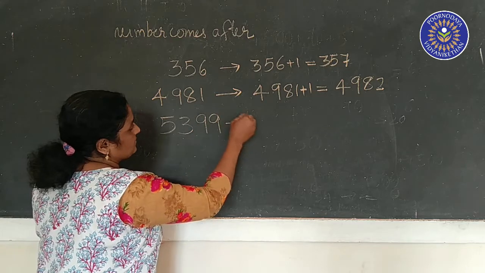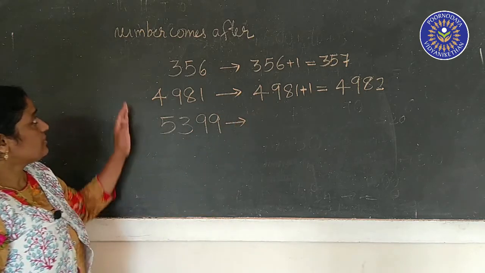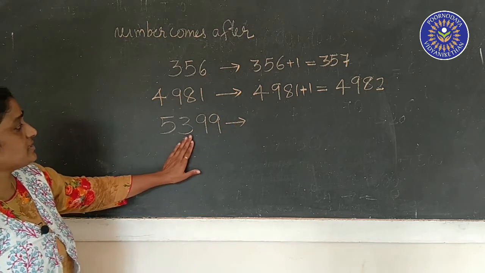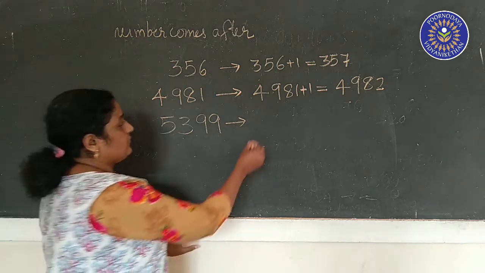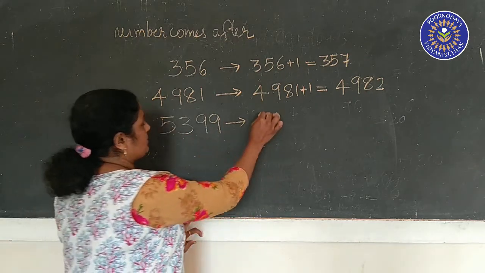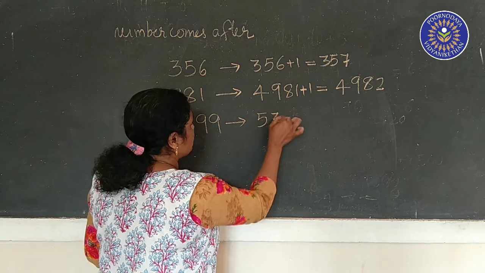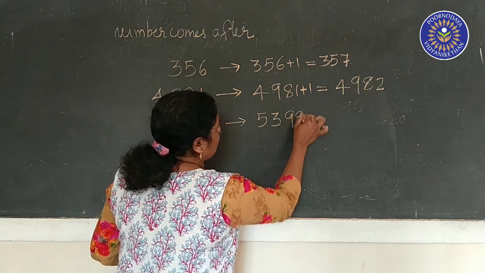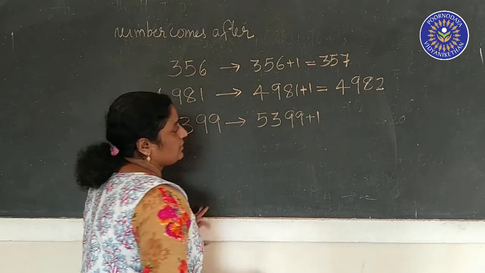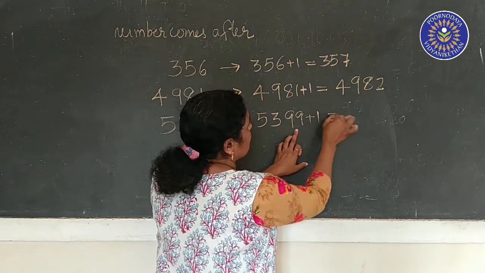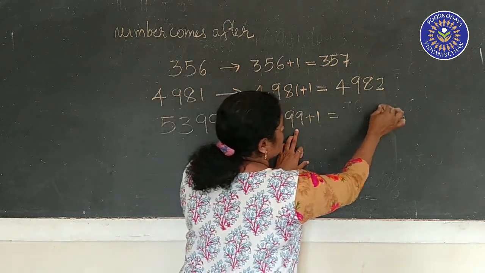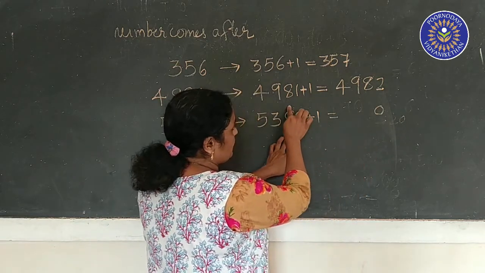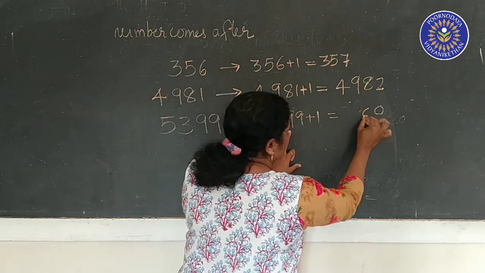The next, 5399. Which number comes after 5399? We have to add 1 to this number. 5399 plus 1. If we add 1 to this number, 9 plus 1, 0. Carry 1, 9 plus 1, 0.